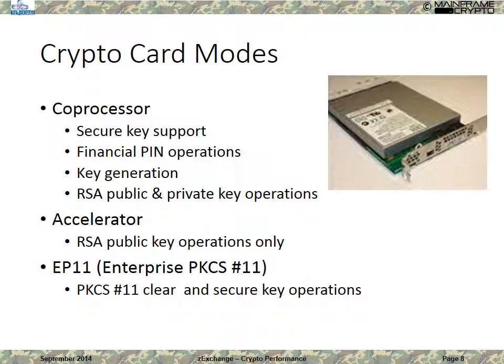So there's a performance point there when you're doing a lot of public key encryption. You would consider configuring the card as an accelerator to get that improved performance. And again, we'll talk about that a little bit more when we talk about the RSA operations, and then when we talk about some of the reporting capabilities that are available. Let's go to slide 9.